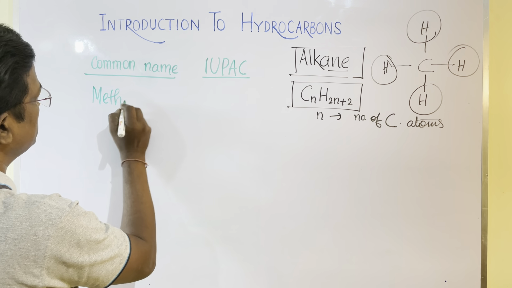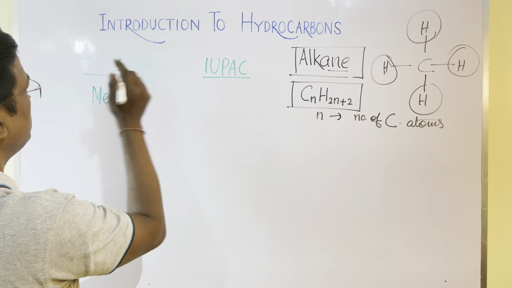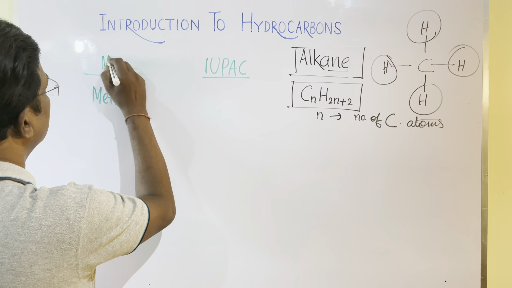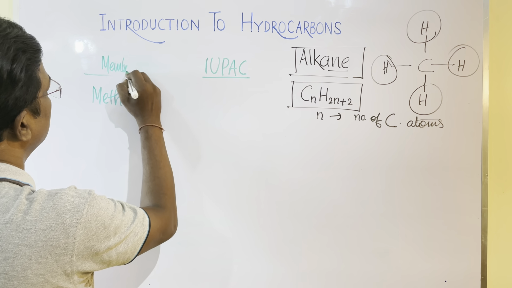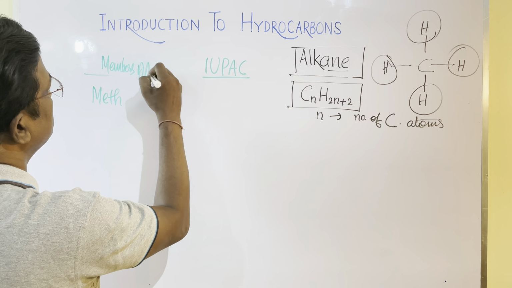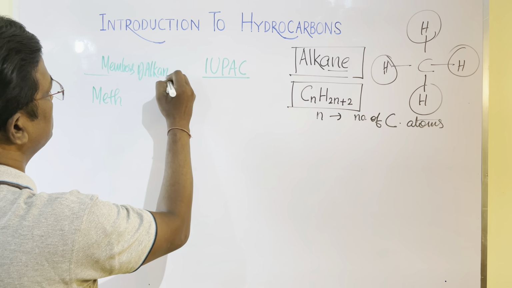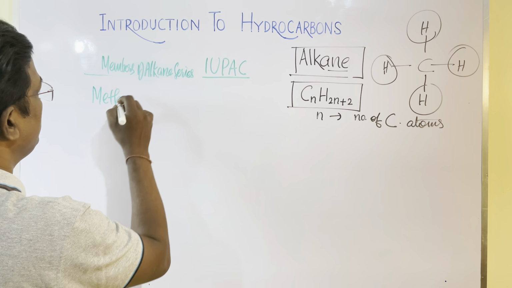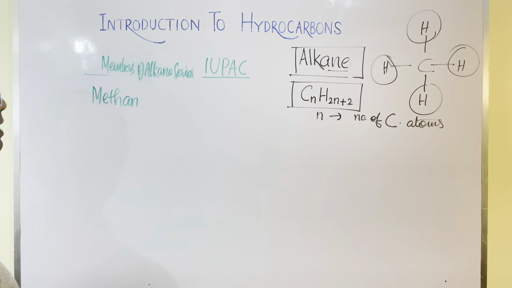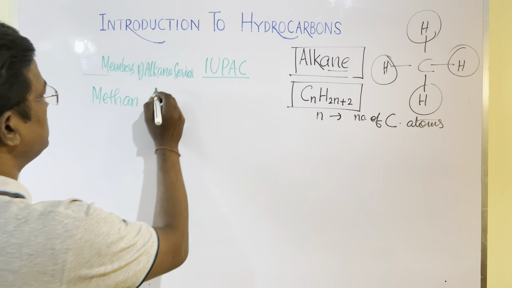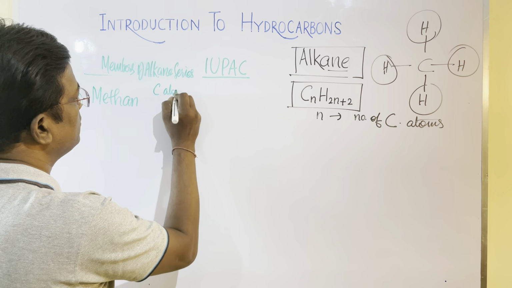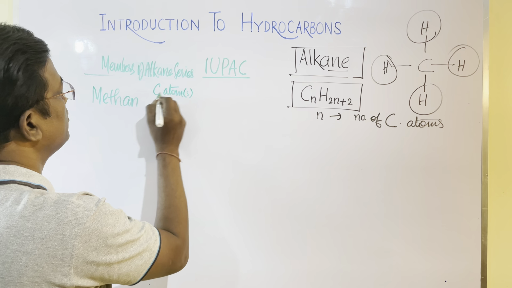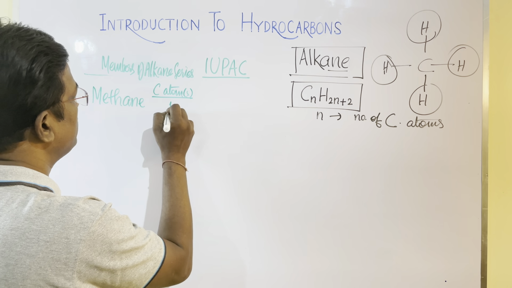The common names for the first 10 members of the alkane series begin with methane. It has carbon atom 1.